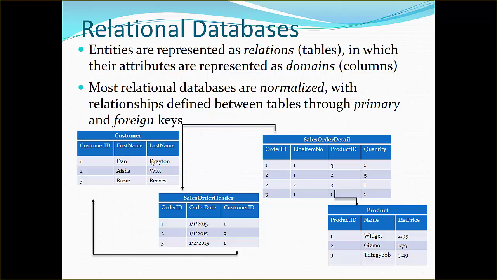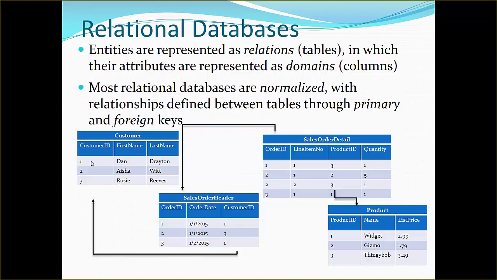And in order to enforce that relationship, we will need to know what the primary key is and what the foreign key is in the table that they relate to, such that from the customer to the sales order header, the primary key in the customer table becomes the foreign key in the related table, which is the sales order header, such that that primary key can be used to track the sales that the customer is involved in.